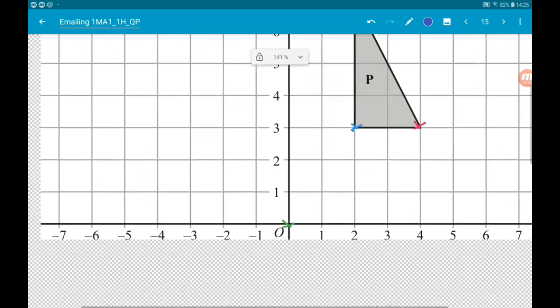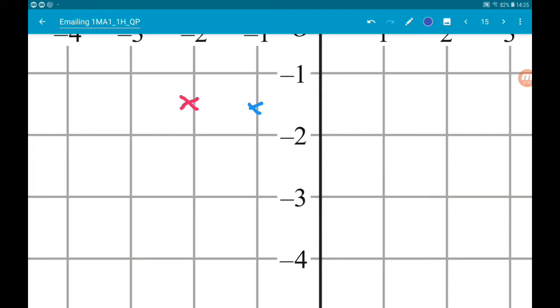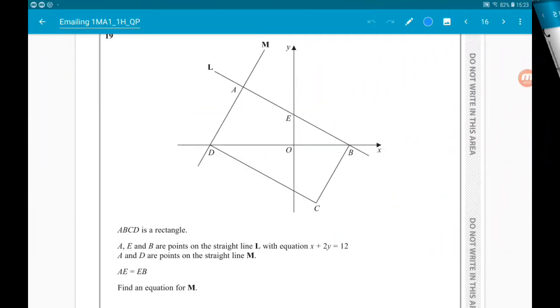So for this guy we're going to go 1 left and 3.5 down, like that. So those are the 3 points of our triangle. In the real thing, use a ruler. And don't forget label Q. Cool. Okay, number 19. So I'd say this is probably where the really fun questions start.